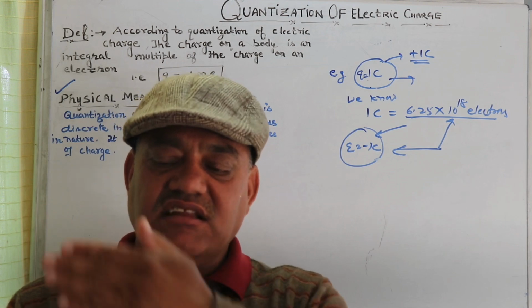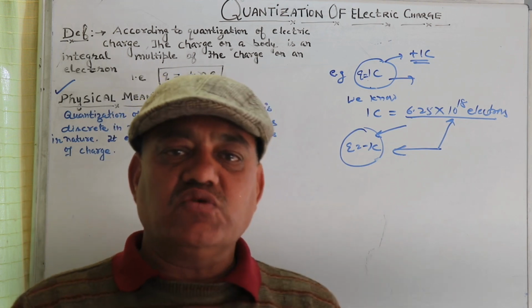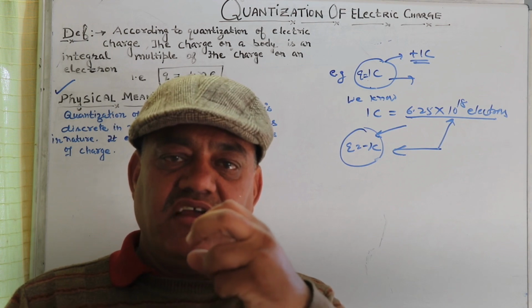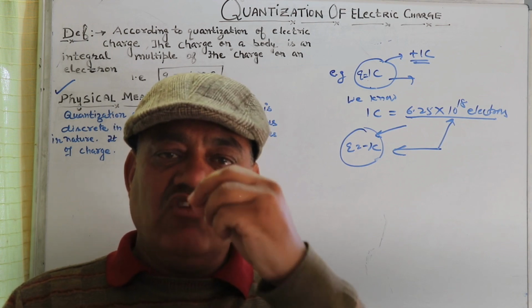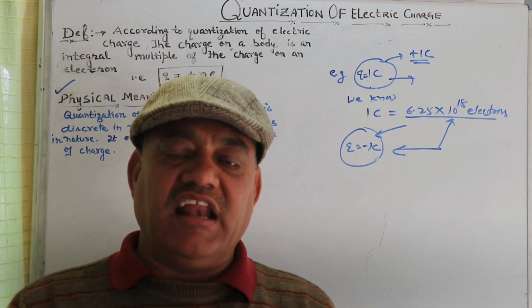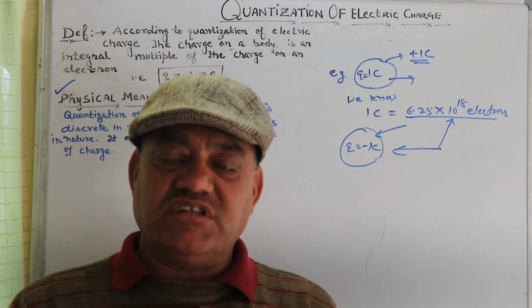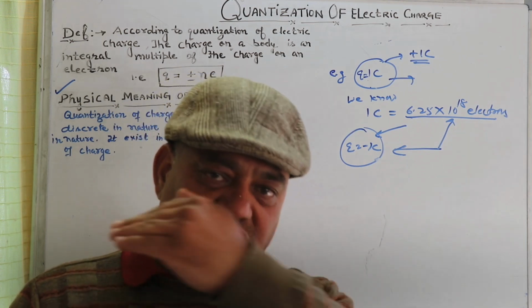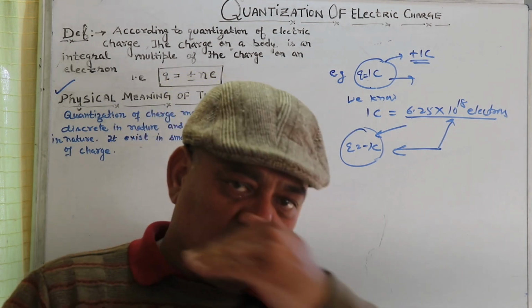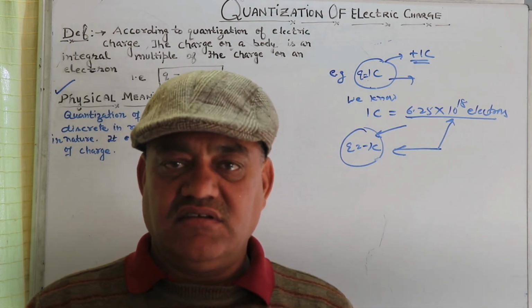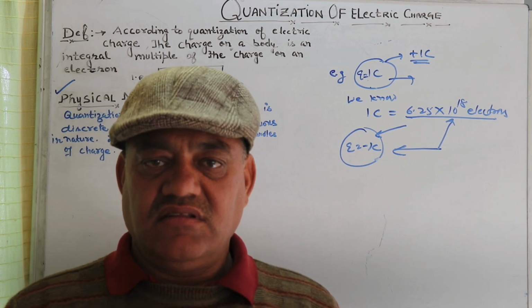Due to this reason, it seems to be flowing continuously. In the filament of a bulb, within 1 second, 2.8 into 10 raised to power electrons flow through it. Due to this reason, the charge due to these electrons seems to be flowing continuously. Thanks.